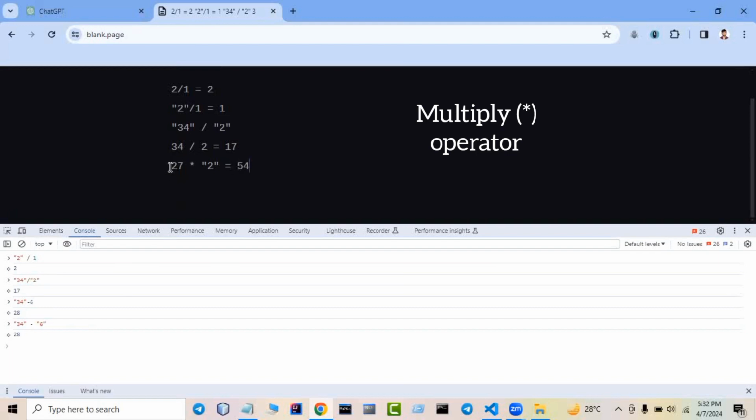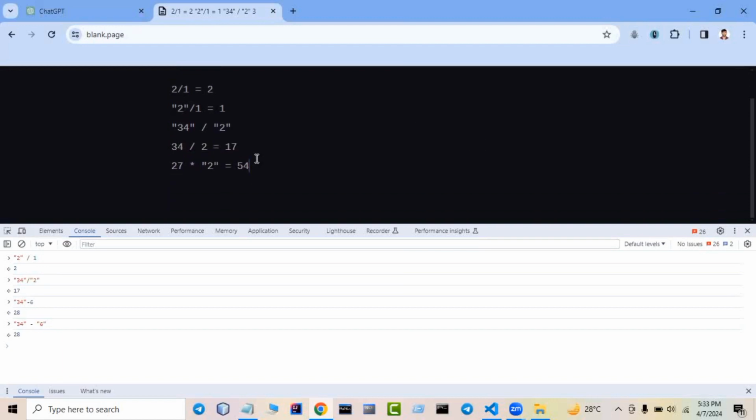When JavaScript comes to this line, it sees that we have used the multiply arithmetic operator, so it tries to convert all the operands into number form if they are in string form. We can see that 2 is a string, so JavaScript will first convert this 2 into a number, then multiply 27 by 2, and the final result will be 54 itself.